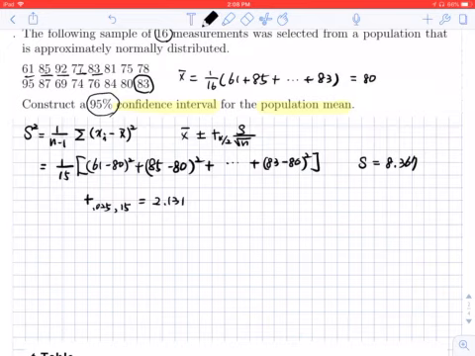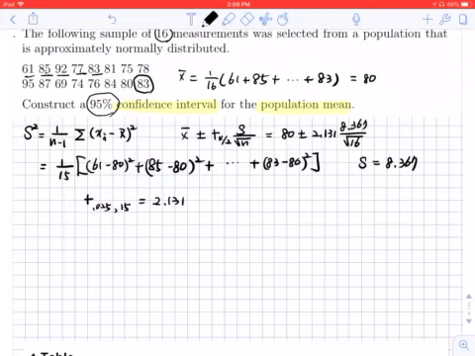X bar, t alpha divided by 2, s, and n. So we plug in the values from here: 80 plus minus 2.131 times 8.367 over square root of 16.